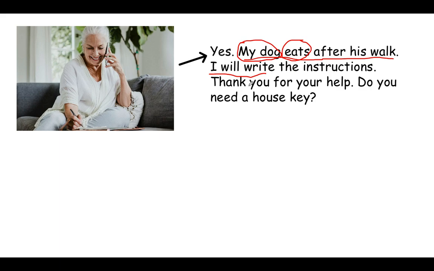She didn't say, I write the instructions, because that would mean that she writes the instructions all the time. But since this is something she is going to do for her neighbor, to give her instructions to take care of her dog, she will, in the future, do it because she needs it. It's not, I write the instructions, because that would mean that she sits there all the time and writes the instructions every day, which isn't what she's talking about.